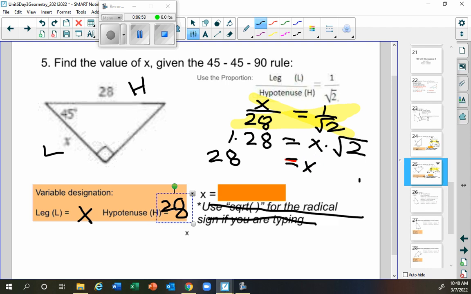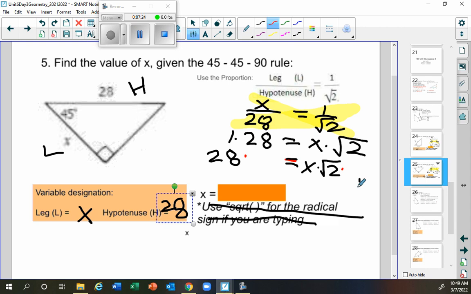But here's the problem. We don't want to divide by a radical or square root. So what could we do? What number could we multiply both sides by to get rid of that square root of 2?